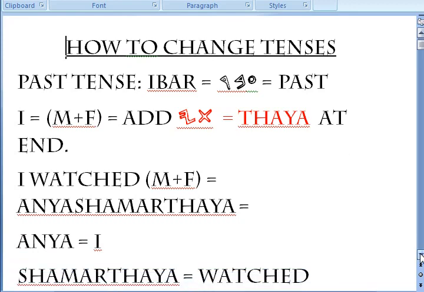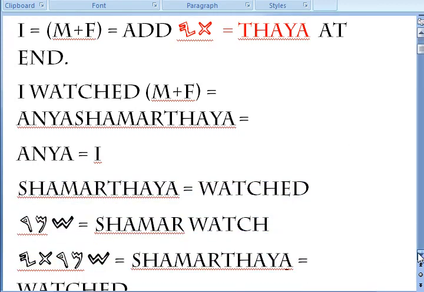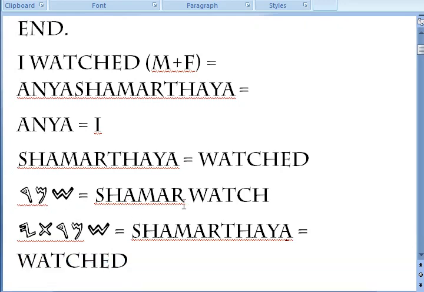Anya is I, shamar thaya is watched. The word shamar is watch. Shamar thaya is watched, when you add the ed at the end. So when you're speaking in the first person, you just add a thaya at the end of the word, and that makes it past tense.